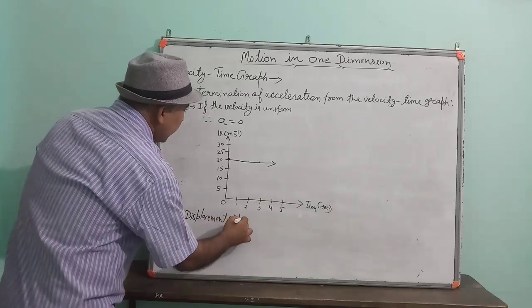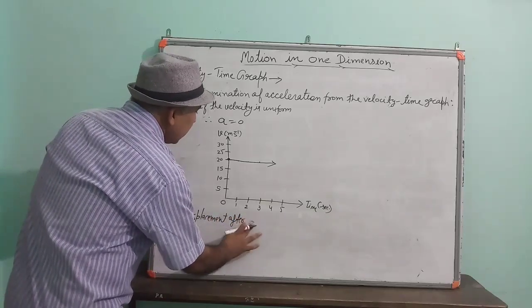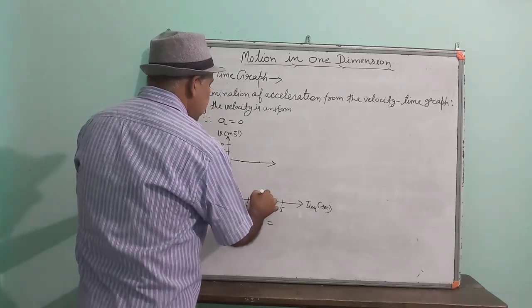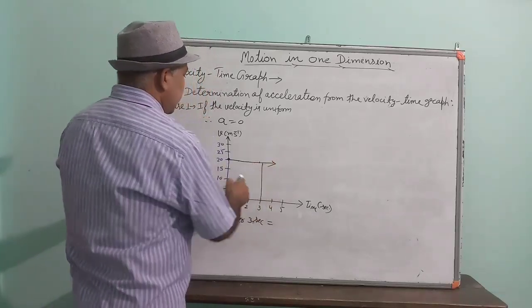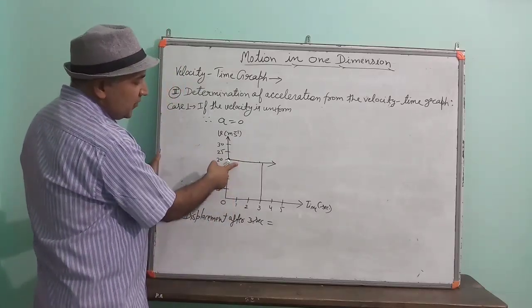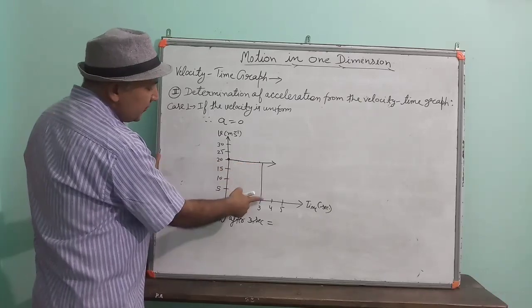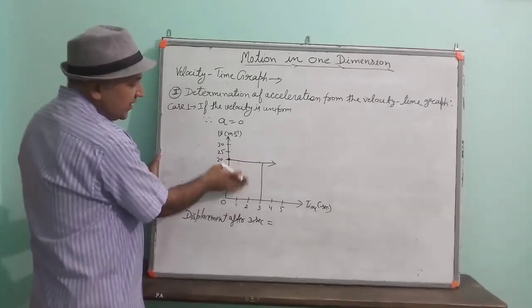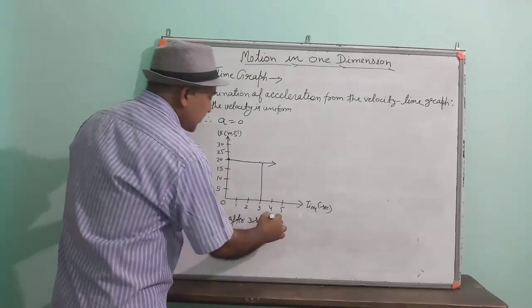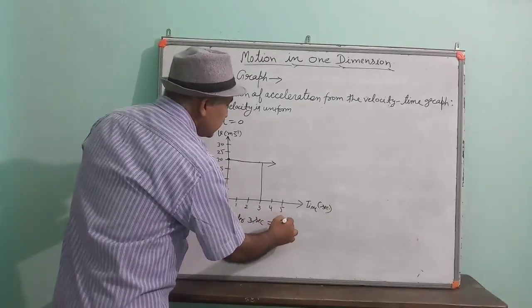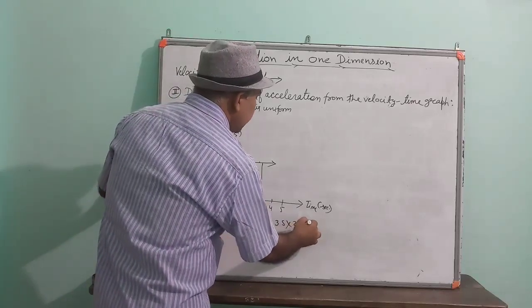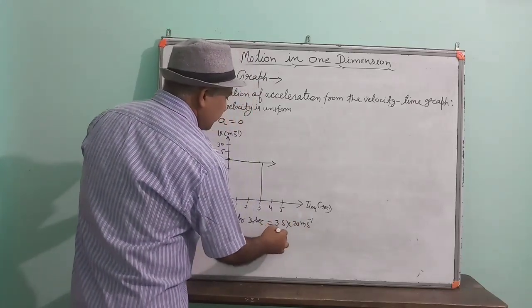Suppose you want to find displacement after 3 seconds. See, this area, the area between the graph and the x-axis, will show the displacement. So it is 3 seconds into 20 meter per second.